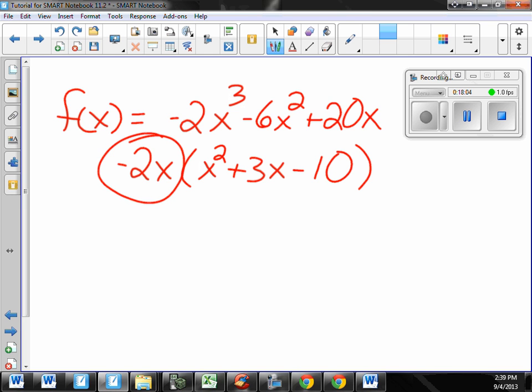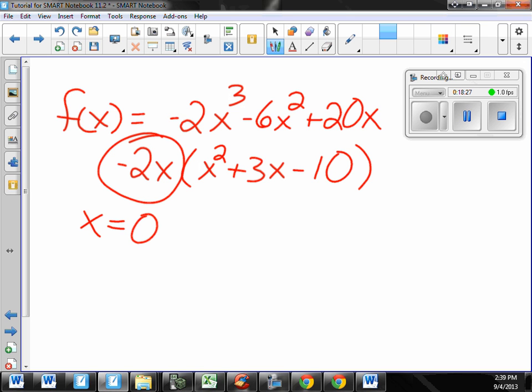What is this going to do to the graph? It will change it. It'll change it from a positive x to the third to a negative x. So it's going to move it from here to here. What is that x going to give me? It's a 0.